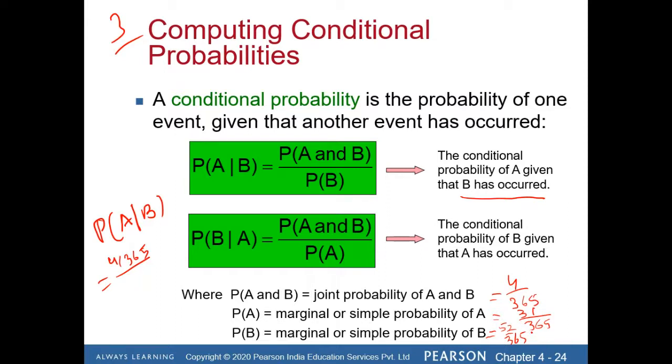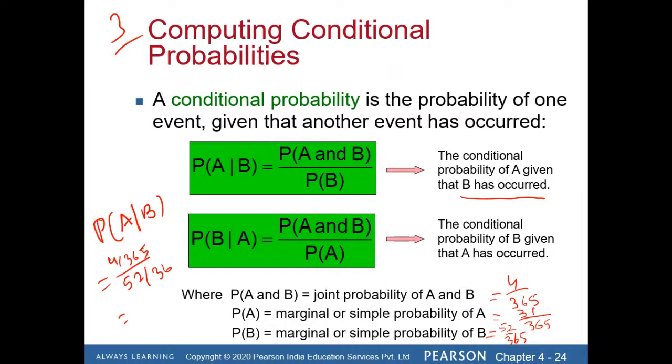You can easily find out that there are 52 Wednesdays in a year. So 52 by 365. And then you will get the conditional probability of January given that B has occurred. So this is the formula you can use to find the conditional probability.